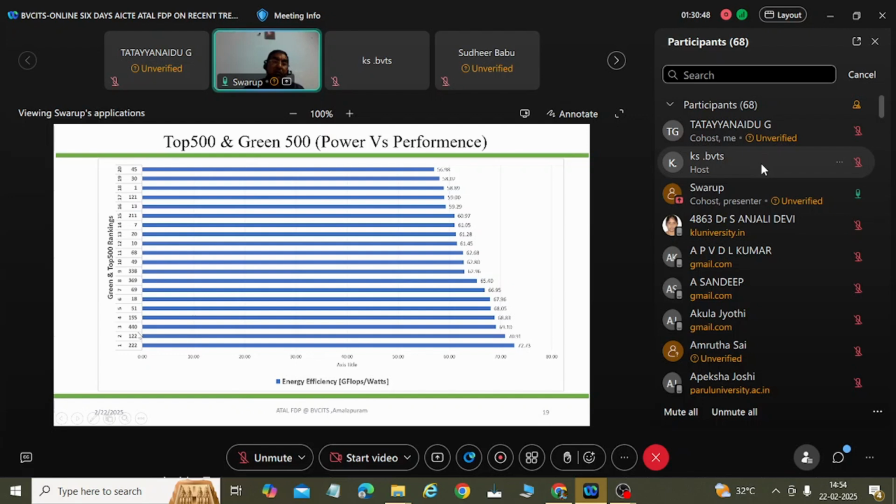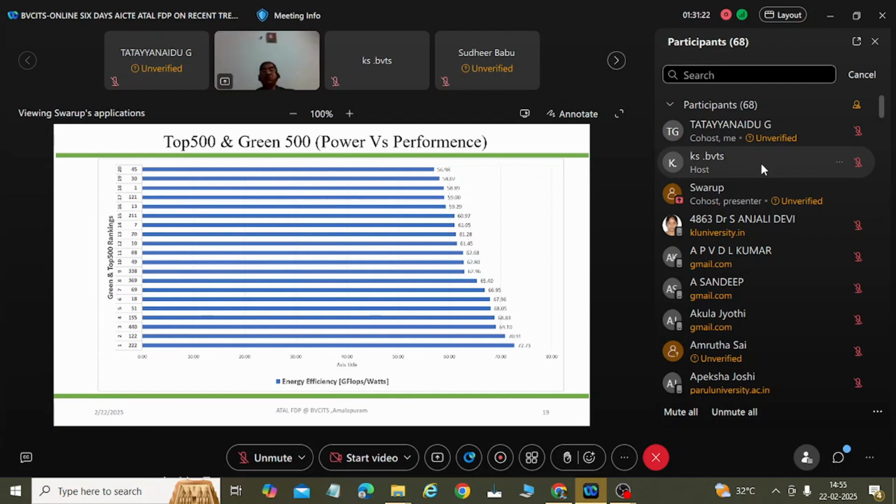This is the Top500 rank. In the Top500 this is ranked 369, whereas it is ranked 8th in the Green500, because the efficiency it is giving, the performance per watt, dictates whether it should be in the Green500 or not. That is how it is decided. Energy efficiency is always measured in gigaflops per watt.